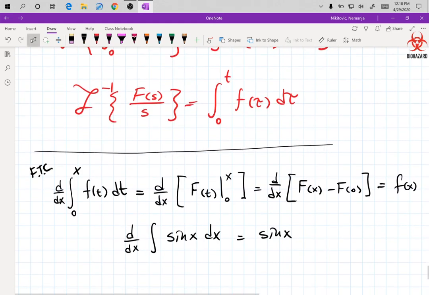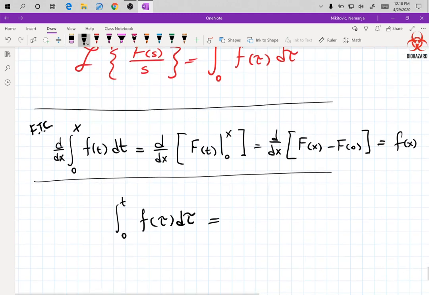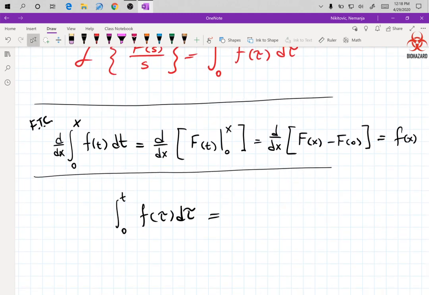So now, going back to Calc 1, you have seen these types of things. So if I have some kind of integral 0 to t of f of tau d tau, this is just a placeholder for the variable that will eventually be there, because when you integrate this, you will get the antiderivative.